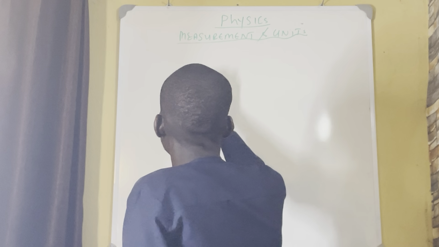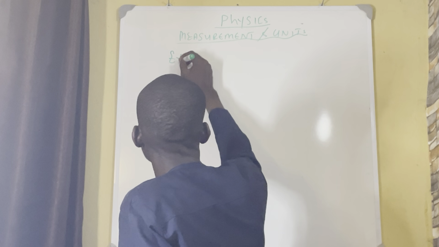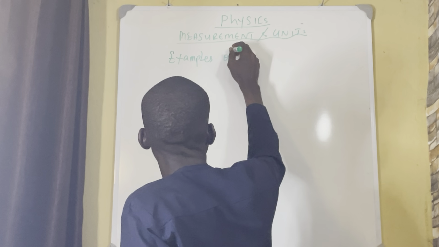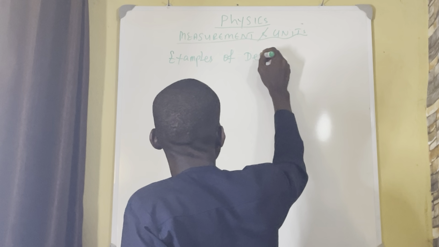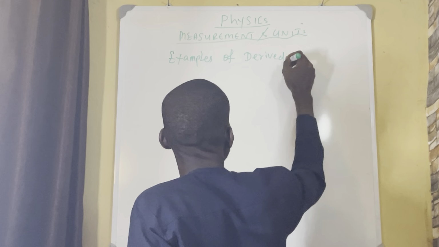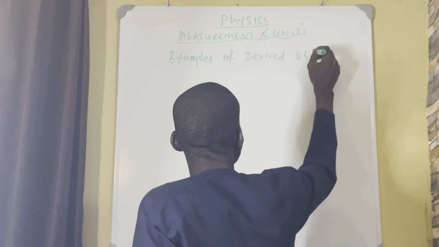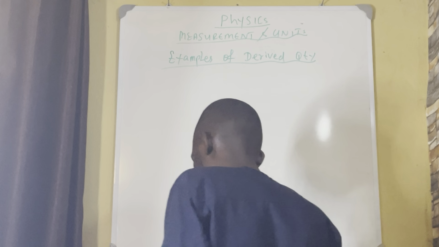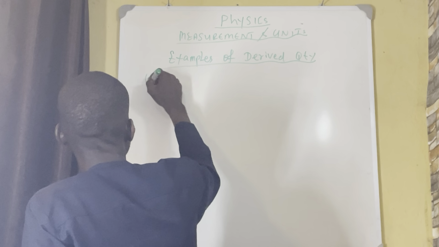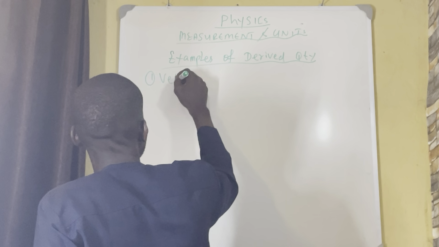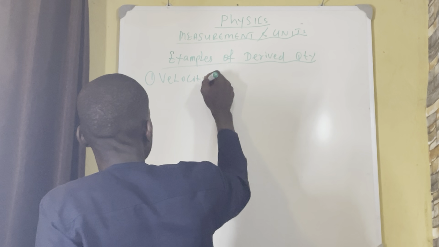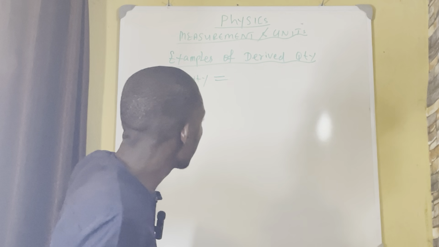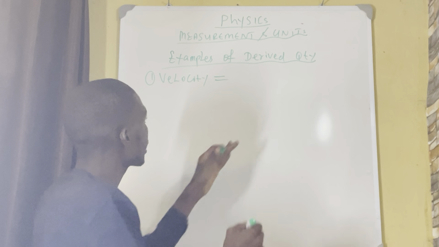Examples of derived quantities. Number one is velocity. What is the formula of velocity? That is displacement over time.